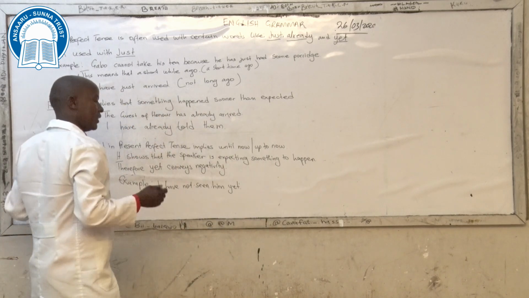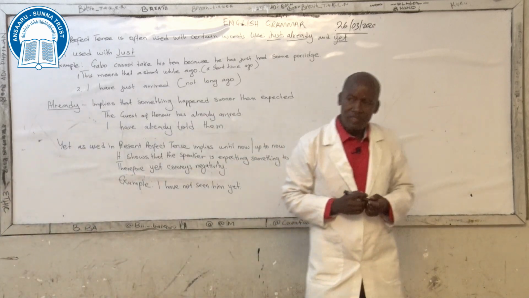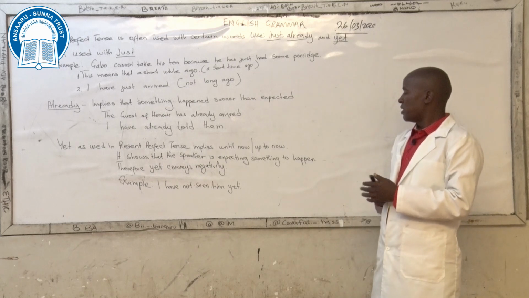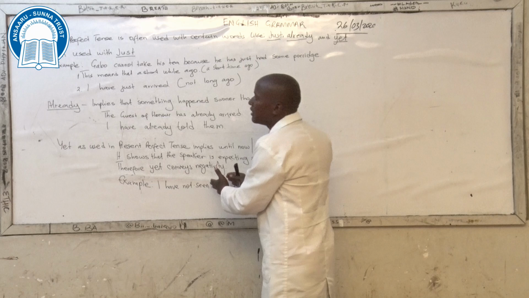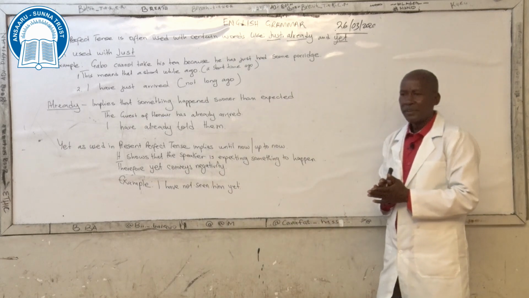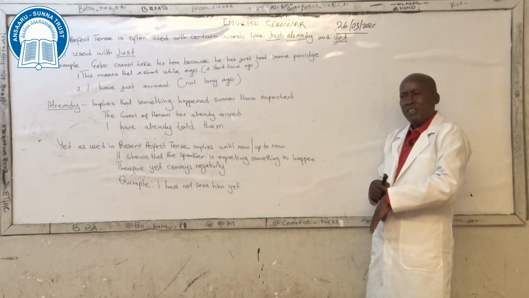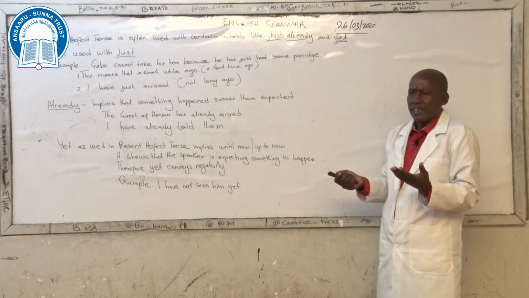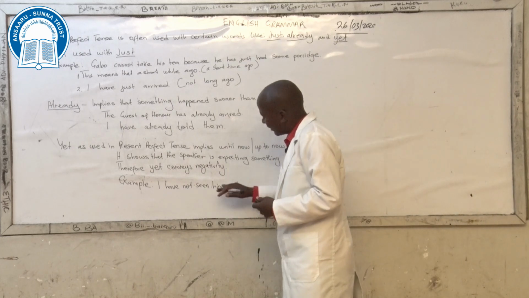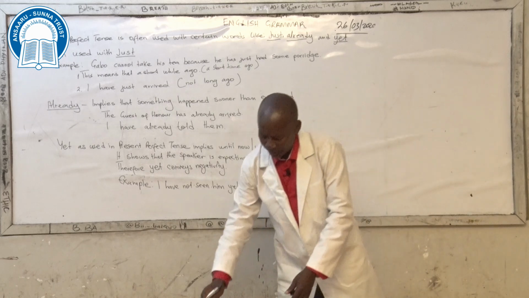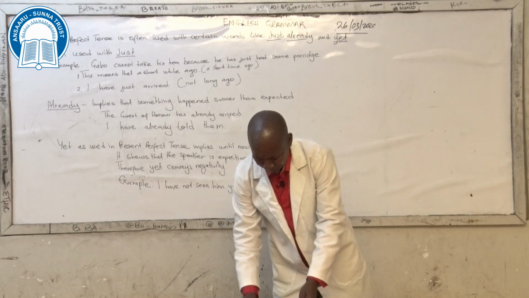And yet, this means that the speaker was expecting or is expecting to meet with a so-called him. But the him is nowhere, so time is kind of running. I'm not seeing him yet. Yeah? So this will express negativity in connotation.